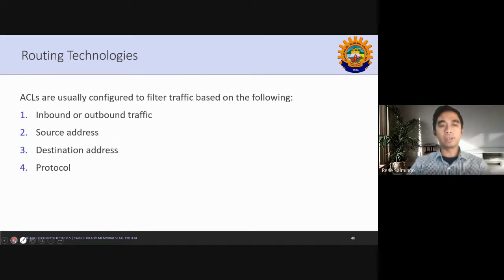ACLs are usually configured to filter traffic based on the following: inbound or outbound traffic, the source address, the destination address, and also the protocol. So these are the access control list configurations, but we will not configure access control lists. We are only going to have some examples of VLANs this time.